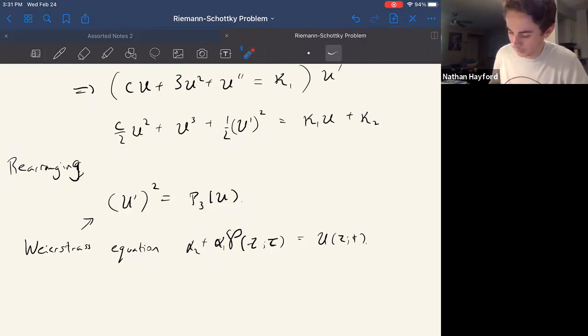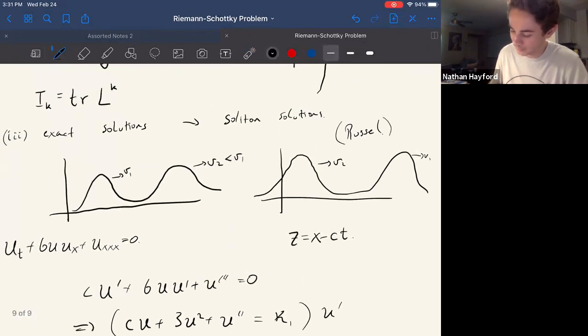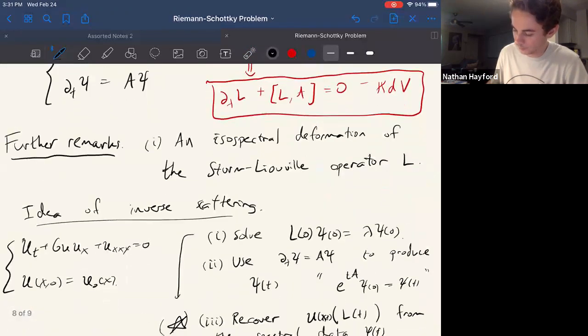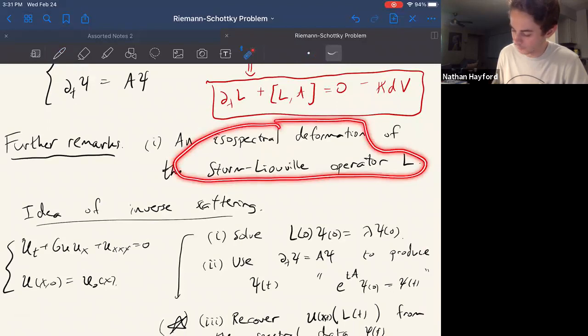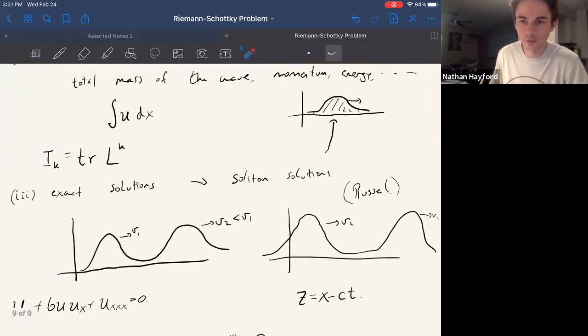And to do this, we'll need to go to the KP hierarchy. We mentioned here a couple of nice properties of these equations. They can be considered as isospectral deformations of a particular differential operator, in this case L. They have infinitely many conservation laws, and they admit exact solutions. For our purposes, at least right now, that's what we're going to take as a definition of an integrable system.